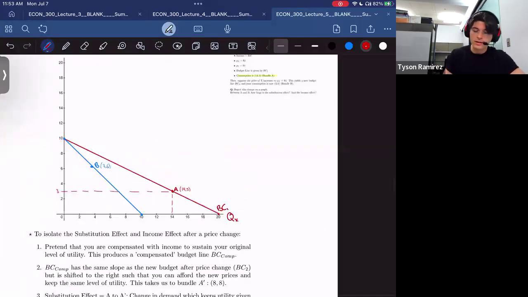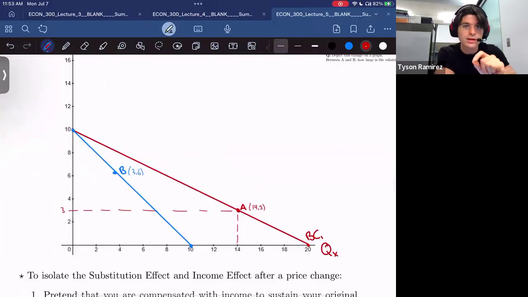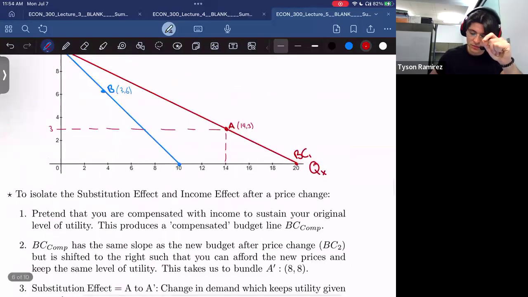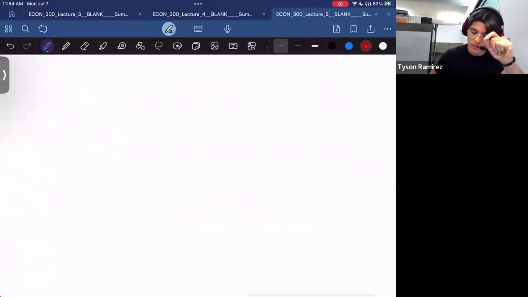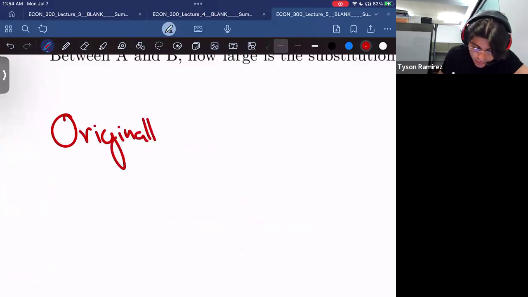Now the question is, we see that consumption changed. The quantity of good X changed. Let's make a note of this over here: originally the quantity demanded of good X was 14.